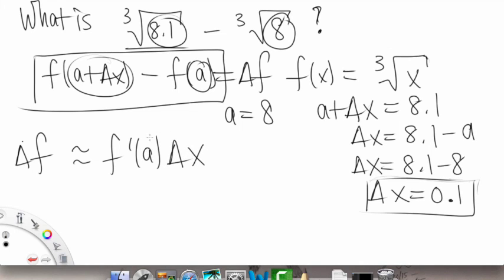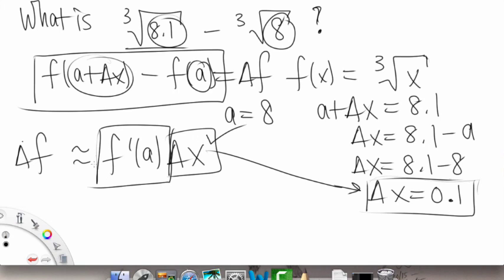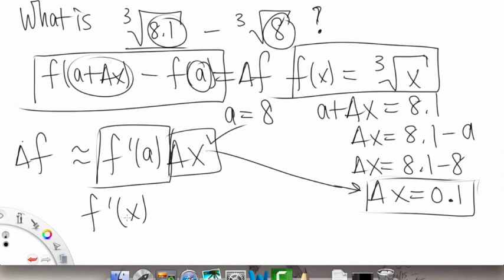We know what delta x is, we just found that, it's 0.1, so we can check that off. But we don't know f prime of a yet. So we're going to find f prime of x from this function here, and then plug in our a value of 8. Let's do that on the next slide.